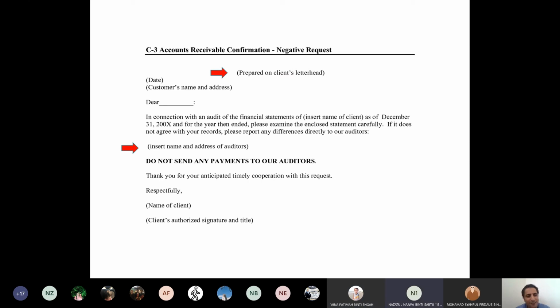In connection with the audit of the financial statements of [insert name of client] as of December 31, 200X, and for the year then ended, please examine the enclosed statement carefully. If it does not agree with your records, please report any difference directly to our auditors.